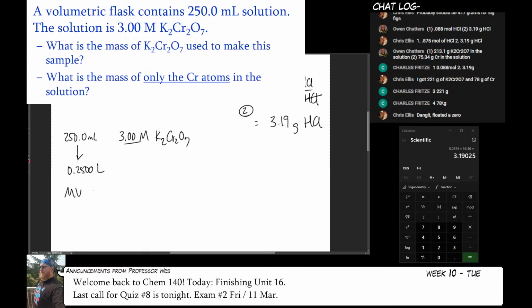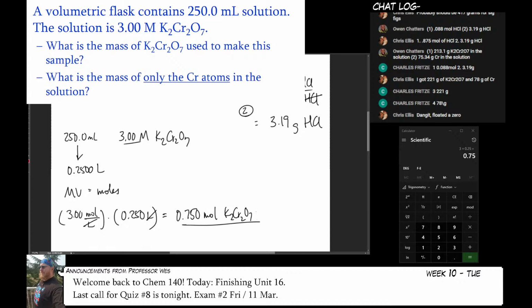Then again, M times V equals moles. So molarity, 3 moles per liter, times the volume, 0.250 liters, equals 0.750 moles of K2Cr2O7.